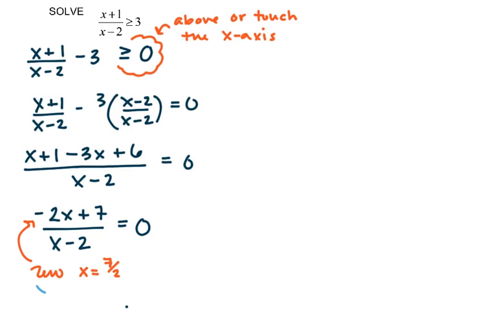And my undefined value comes from the denominator equal to 0, so we have x cannot be 2. Looking at this, we'll plot it on the number line. I have two critical numbers, and these two critical numbers are going to break my number line into 3 pieces. 2 is going to go on the left because 2 is less than 7/2, or 3.5.